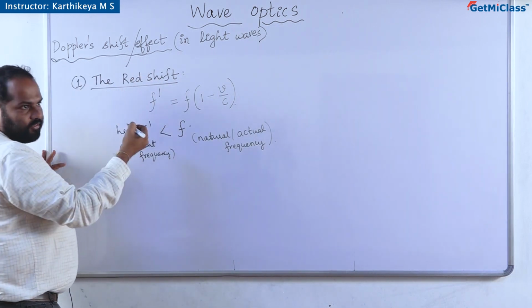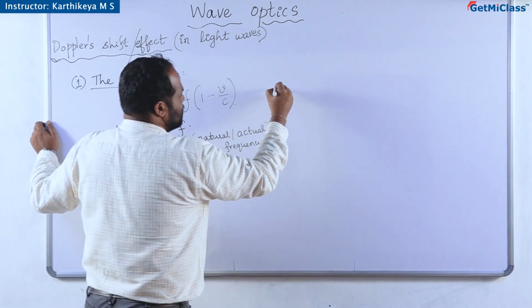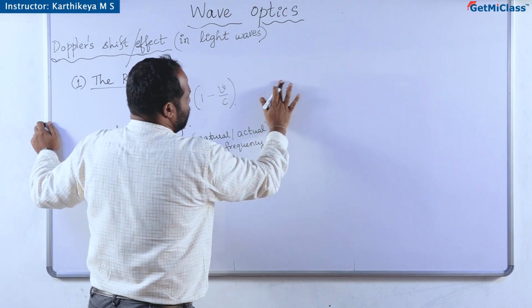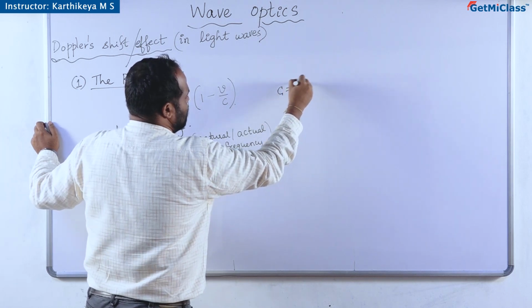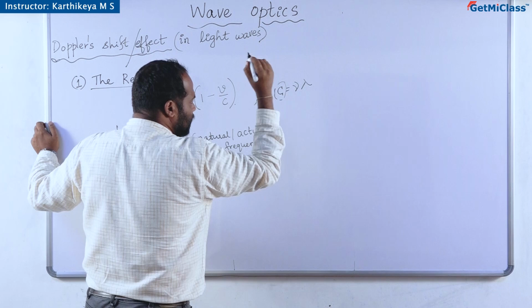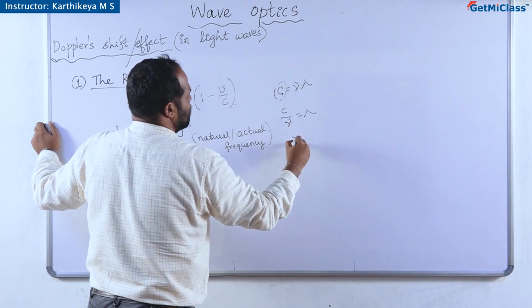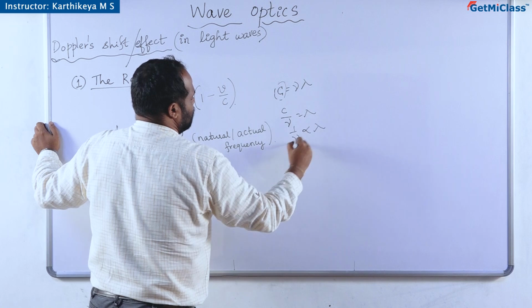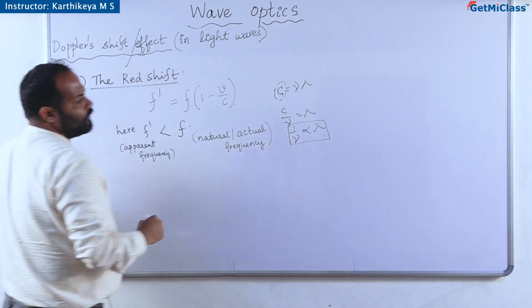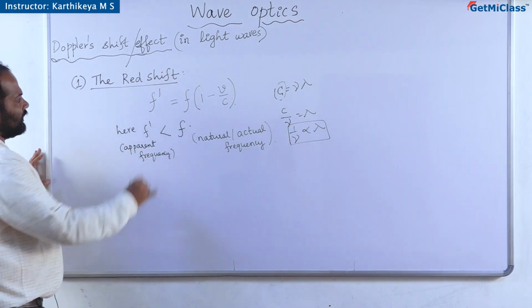Now what about the wavelength? For a progressive wave, here a light wave, c is equal to nu lambda. Since c is a constant, c by nu is lambda, so frequency and wavelength are inversely proportional to each other.